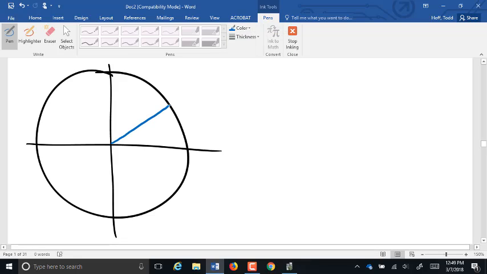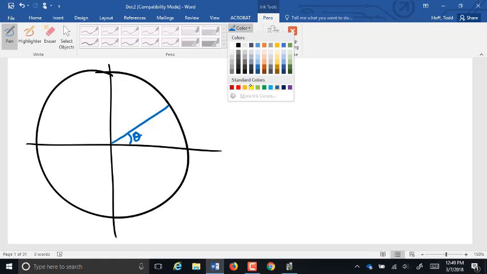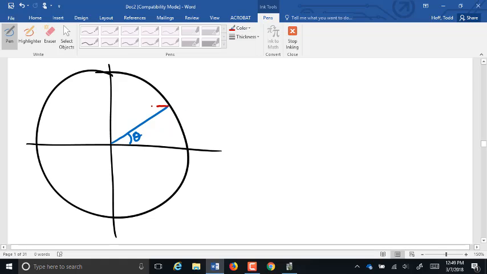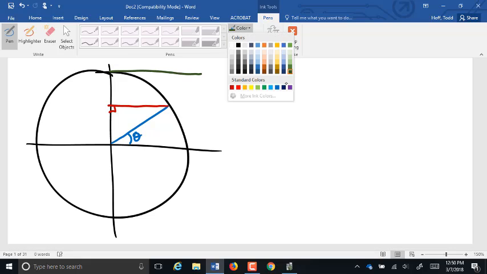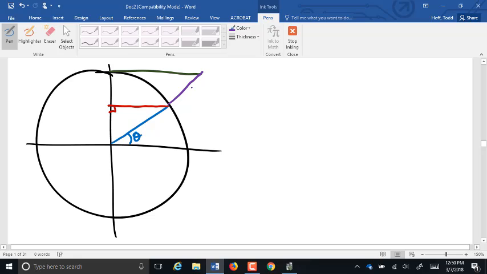So here's our angle here again. Only this time I'm looking at the cosine and the cotangent and the cosecant.